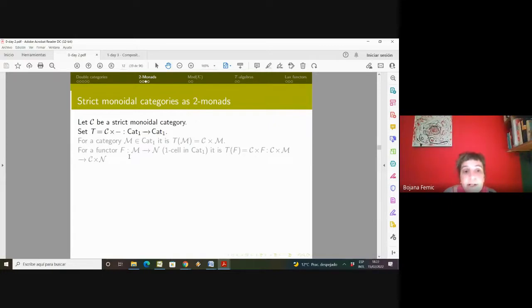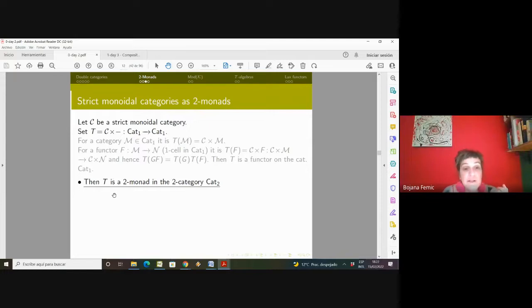And for a functor F among two categories M and N, so this functor is a one cell in the category of categories, T of F is this C times F, where C acts as identity on the left coordinate, and on the right just F is acting. So from this definition, it immediately follows that when T is applied on the composition of two functors, it is the same as the composition of these two images. So T is indeed a functor on the category of categories.